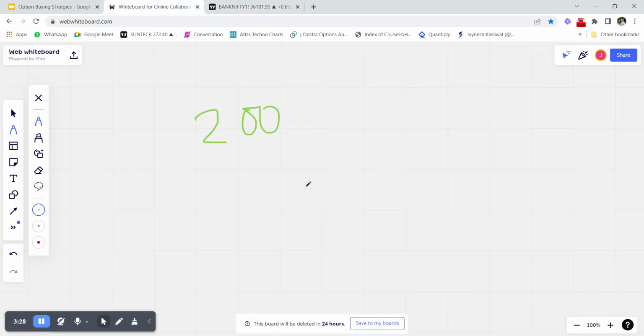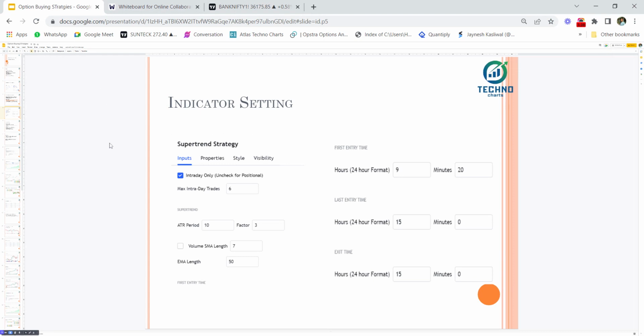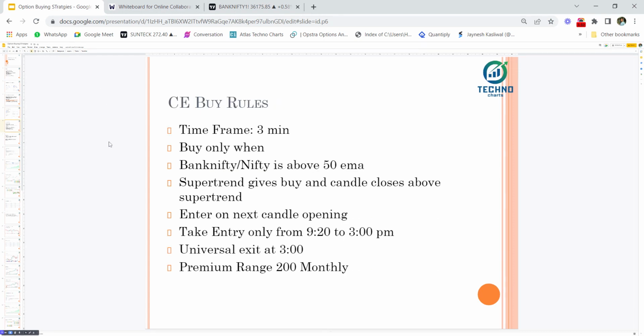So when are we going to buy the call options? Call option buying basically means that we want the market to move up, and that is when we will generally buy a call option. We are using the 3-minute chart, and we are only going to buy when Nifty or Bank Nifty is trading above the 50 EMA.